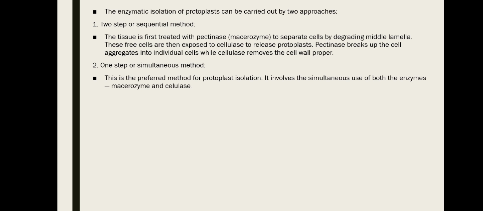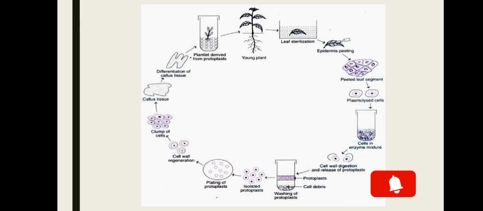Pectinase breaks up the cell aggregates into individual cells, while cellulase removes the cell wall proper. 2. One-step or simultaneous method. This is the preferred method for protoplast isolation. It involves the simultaneous use of both the enzymes, macerozyme and cellulase.